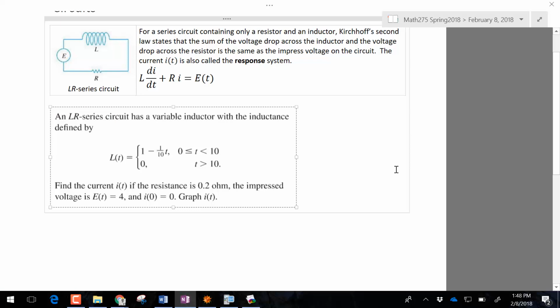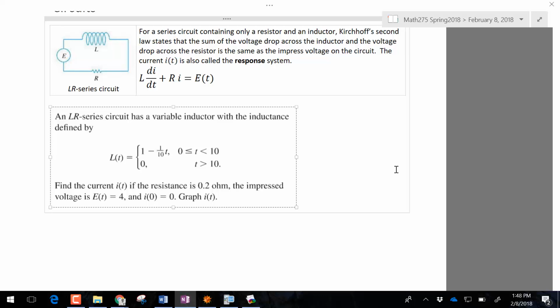So for an LR circuit, we have the differential equation given to us, and we're asked to solve for this differential equation where L is usually constant, but sometimes, like in this case, it's not, and so we have to deal with that. The only other thing we need to know is that the resistance is measured in ohms, so R is equal to 0.2.